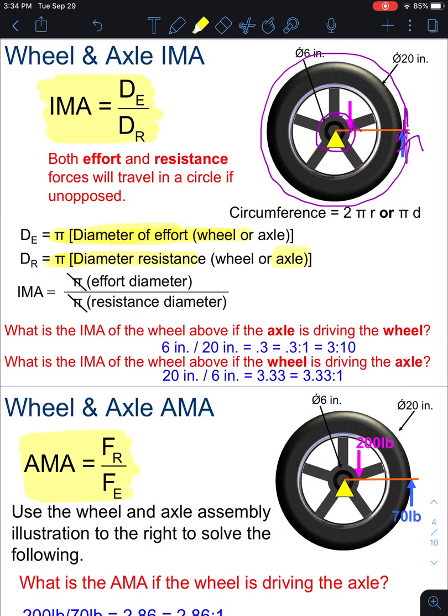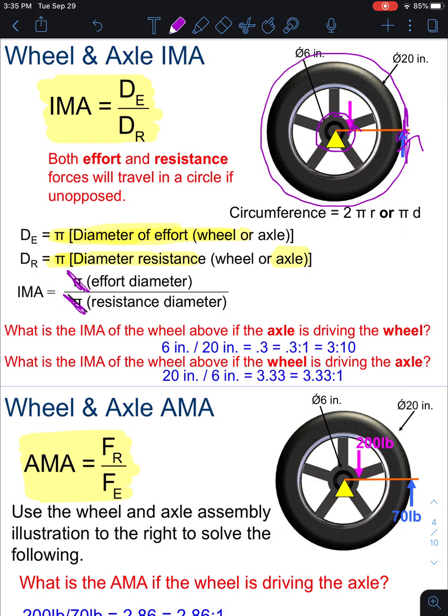Okay? Now when we do that, you'll notice in this next part that we have pi times the effort diameter divided by pi times the resistance diameter. Pi is 3.14, and 3.14 divided by 3.14 cancels out. So really all we need is the diameter of the wheel and the diameter of the axle.